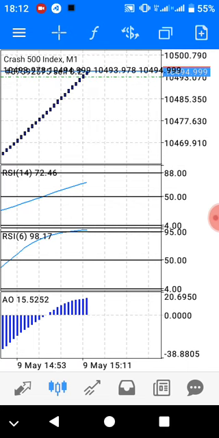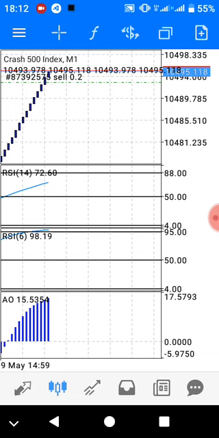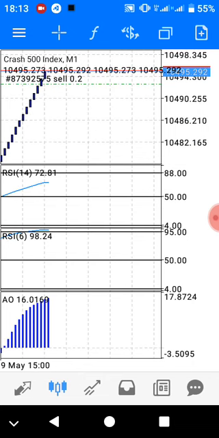It reached 95 on RSI 6, which means it will crash anytime. But the RSI 14 will give us the exact point. So you cover this drawdown by the buy order that you place using the RSI when it reaches 88.